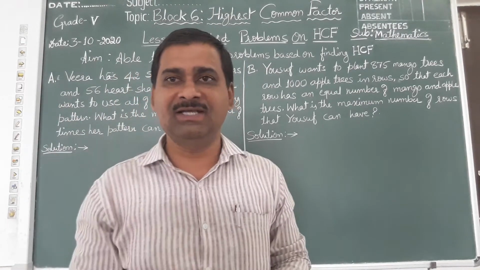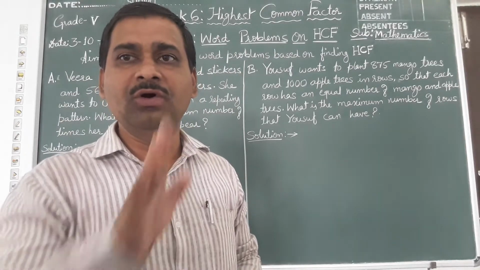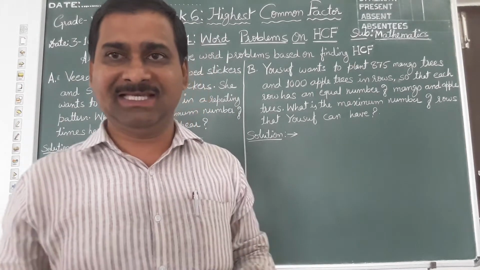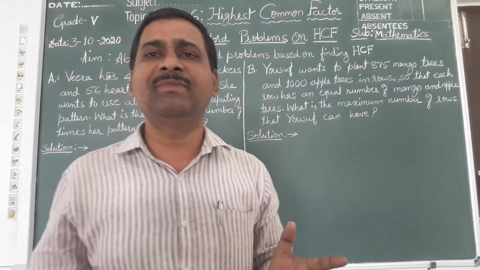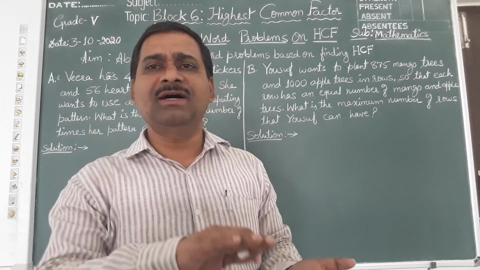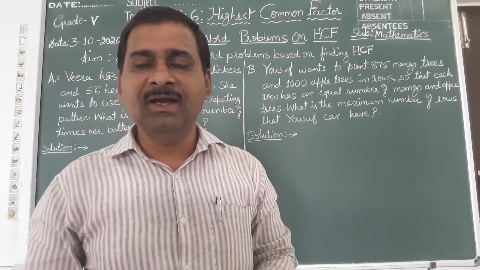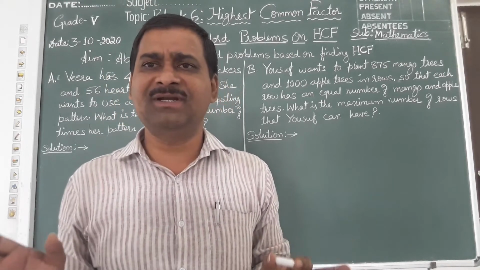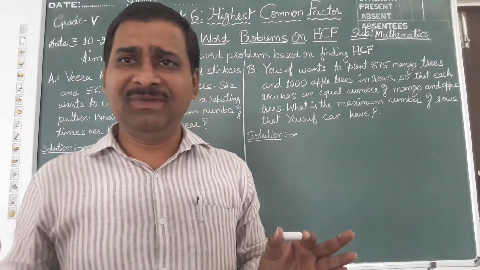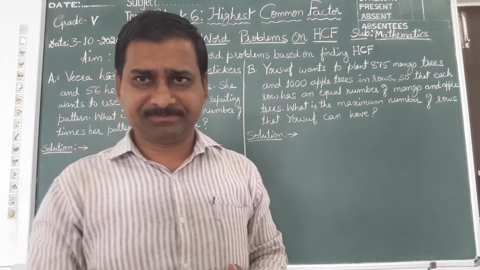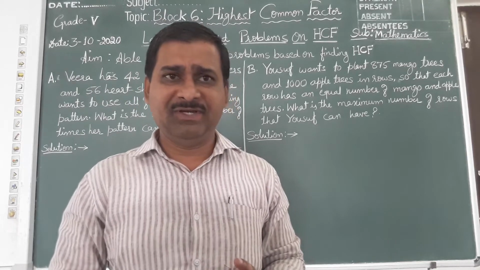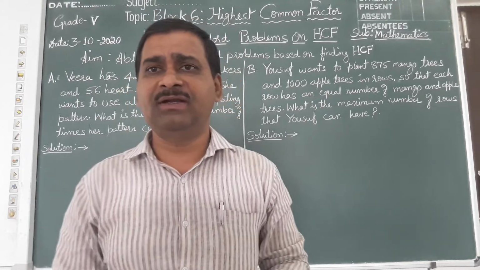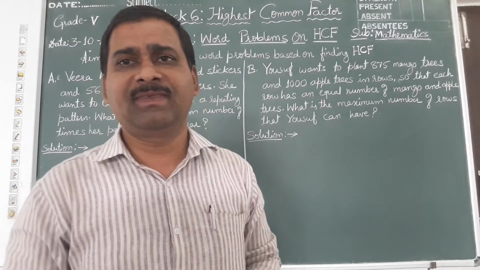Meaning, you should know both the methods. Maybe one method you will feel is easy and the other a bit difficult. But you must know both, because sometimes the question will be asked particularly. For example, turn the page and go to the additional practice of block 6.